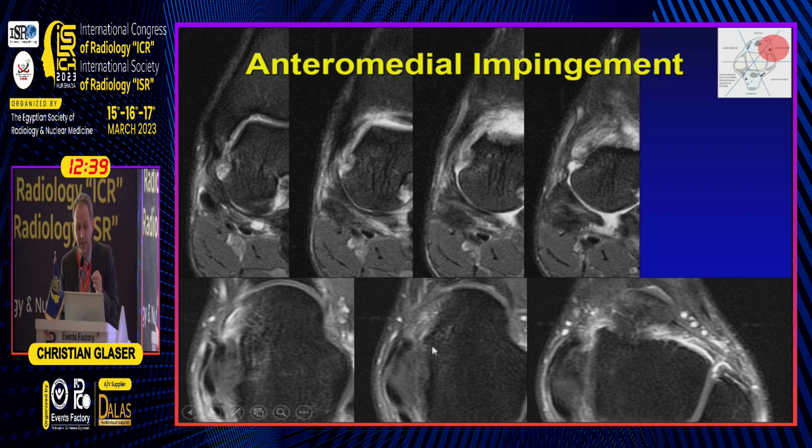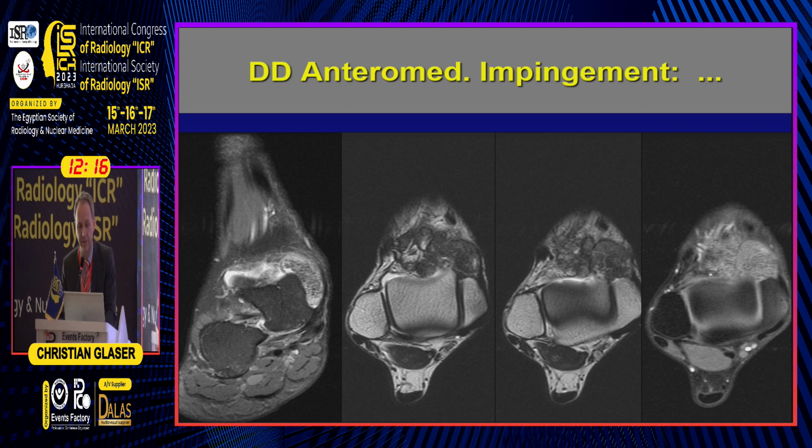And sometimes, in the axial post-contrast, you do see the inflammatory reaction, the medial dorsal edge of the talus, the tendons, the ligament, and sometimes you come across this little bony excrescence, a little osteophyte that the surgeon may want to take out in order to fully eliminate the potential causes of this impingement.